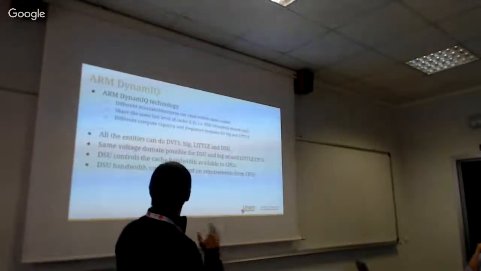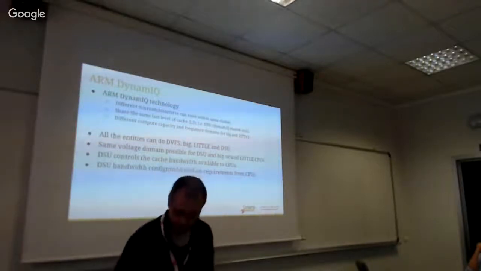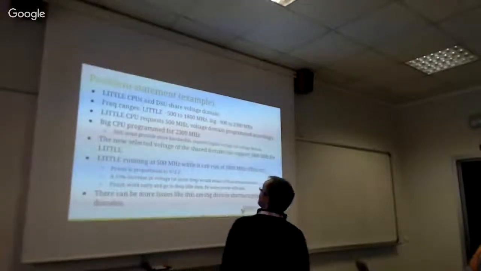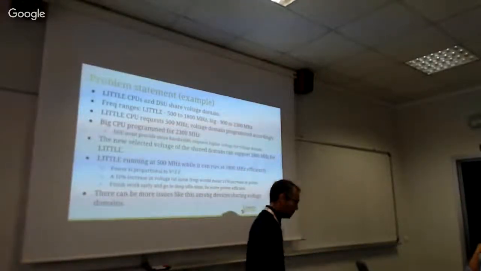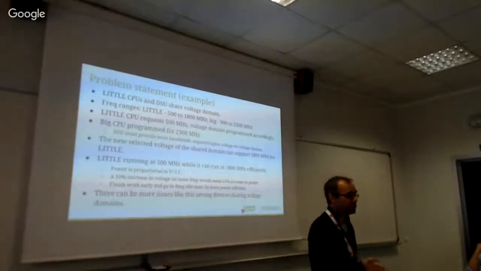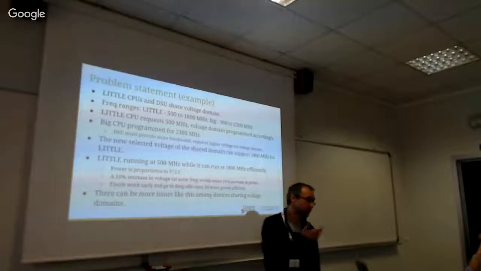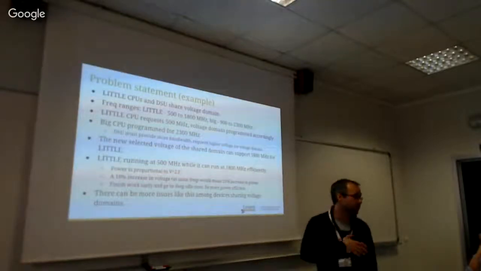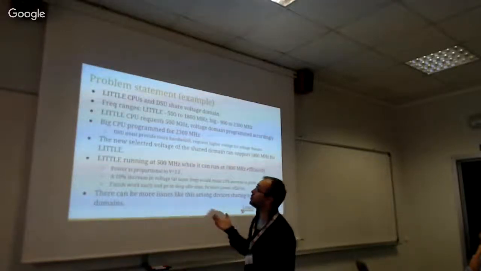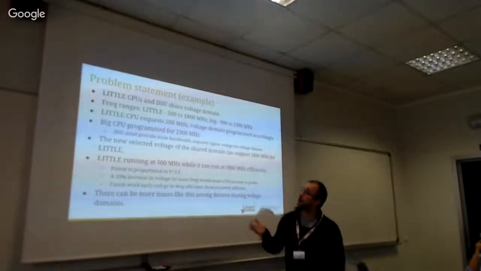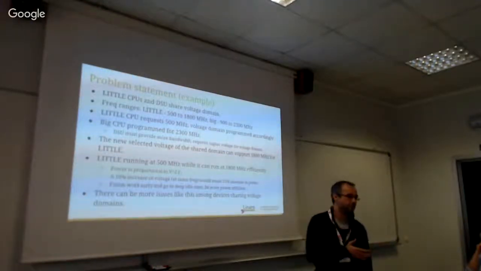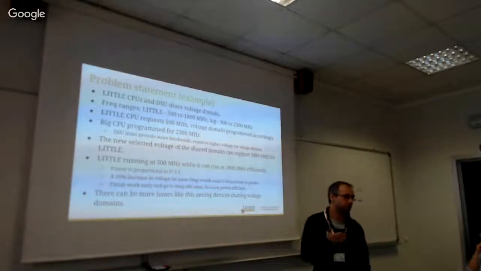So yeah, this is clearly this example. You have little and big CPUs and the DSU. Little and big are sharing the same voltage domain. The DSU needs to increase in frequency to provide, for example, higher bandwidth or higher cache speed, which means that you are in a situation where you will use a high voltage but a low frequency for the little core, which means that you are wasting some power just because you are not optimal.